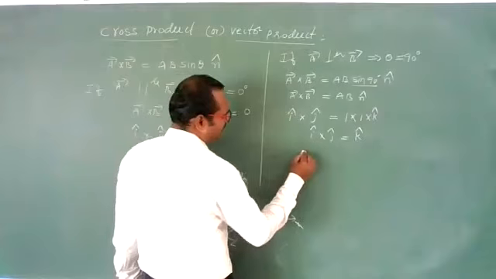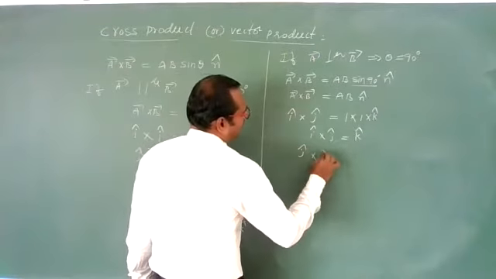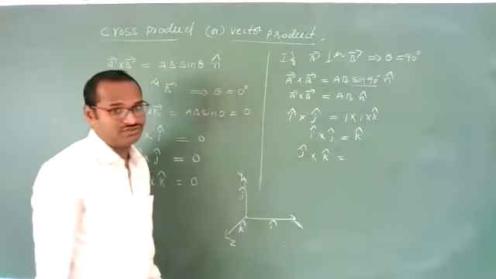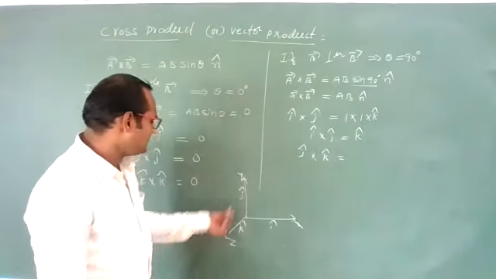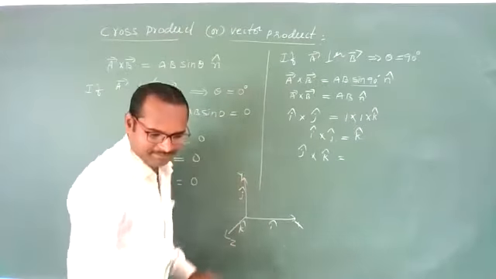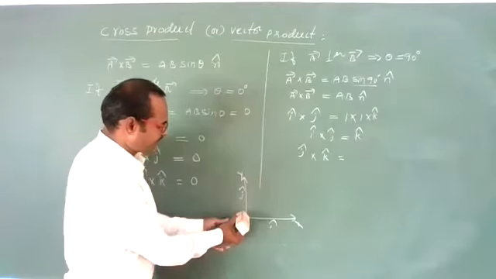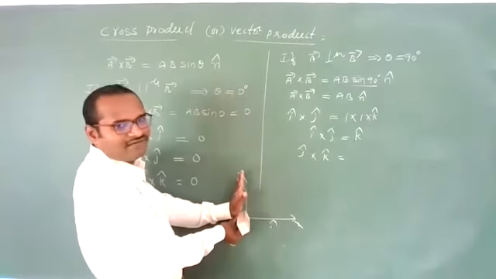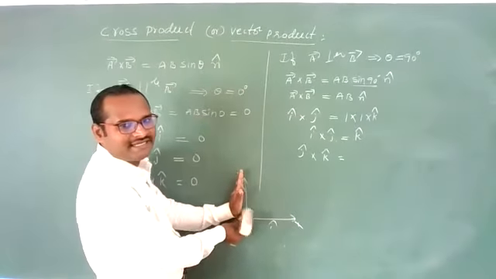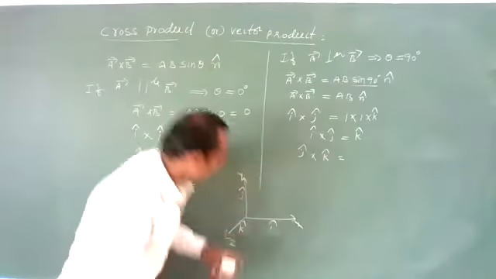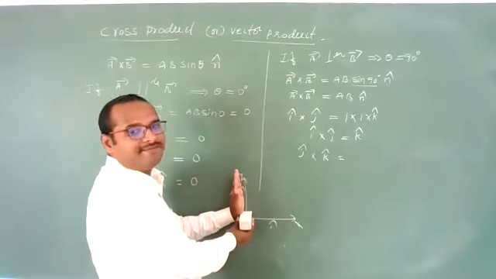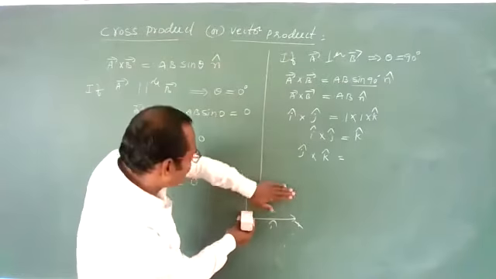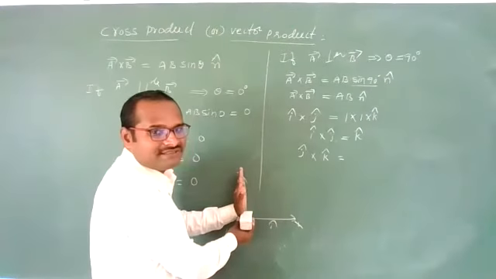Similarly, j cross k gives you what? See, this is j cap, this is k cap. Now this is the plane containing j and k, meaning the y-axis and z-axis. This is the yz plane, this is the xy plane.